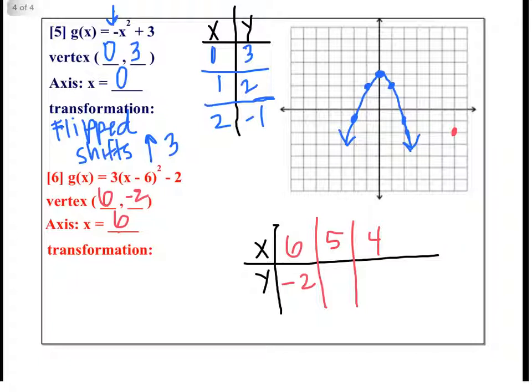If I plug 5 in, I'm going to get 3 times 5 minus 6 squared minus 2. So I get 3 times negative 1 squared minus 2. 3 times negative 1 squared is 3 times 1, so I get 3 minus 2, which is 1. Now I can do the same thing with 4 here.